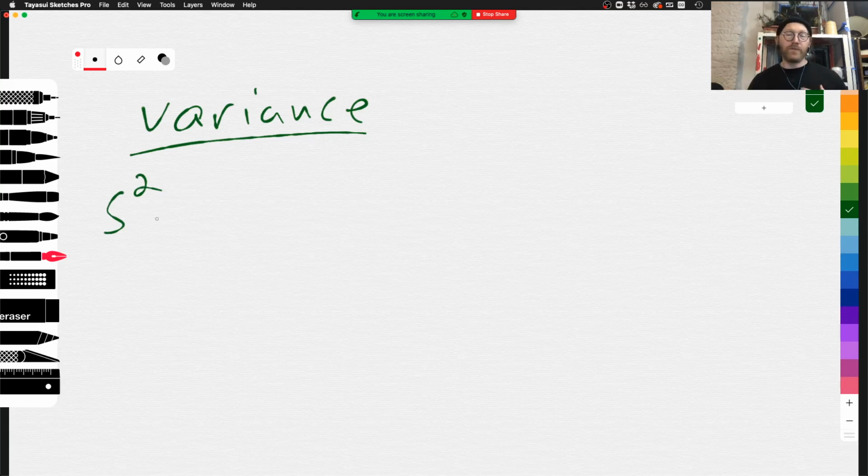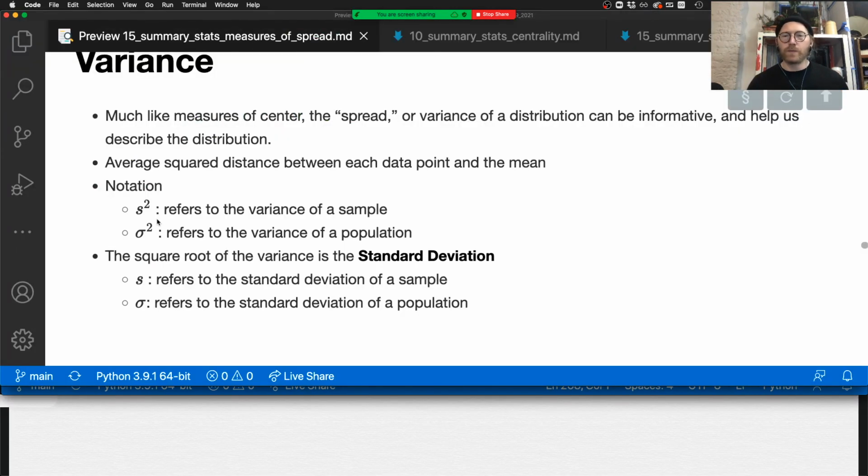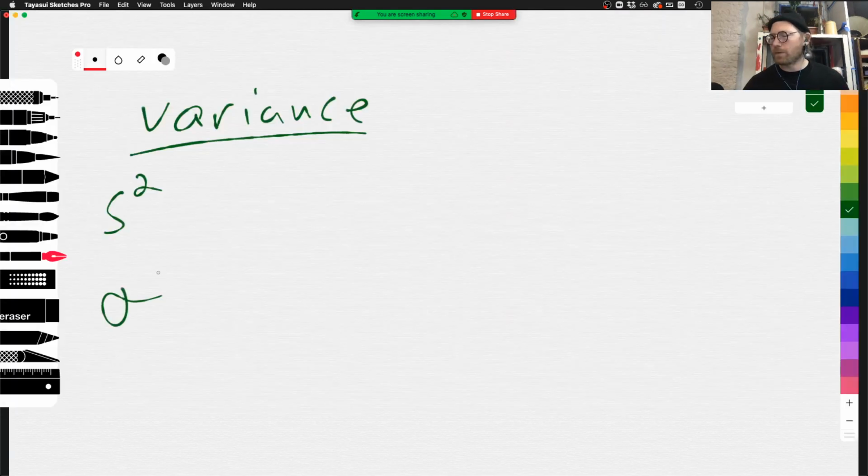So if you happen to be working with a population, well, then you can get a parameter that is sigma squared, okay? So why is it S squared and sigma squared, right? S squared is for sample. Sigma squared is for population.